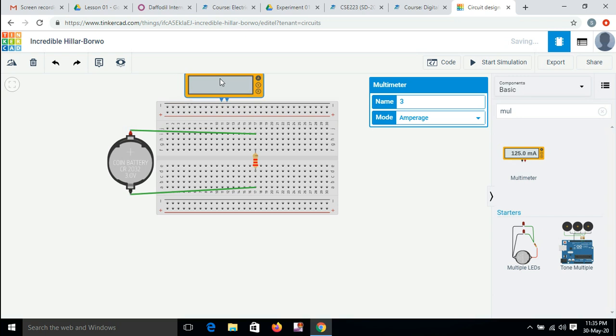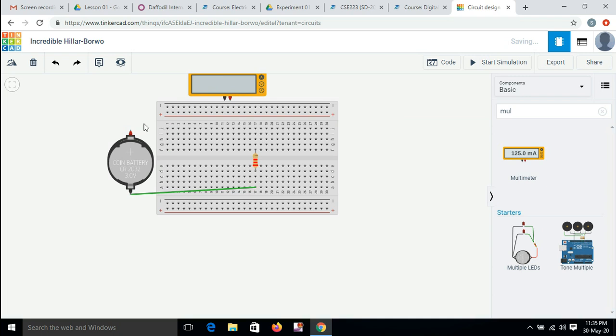So now we will place it in series configuration. The positive terminal of the cell is going to the positive terminal of the multimeter, and the other portion will go to the negative terminal of the multimeter.